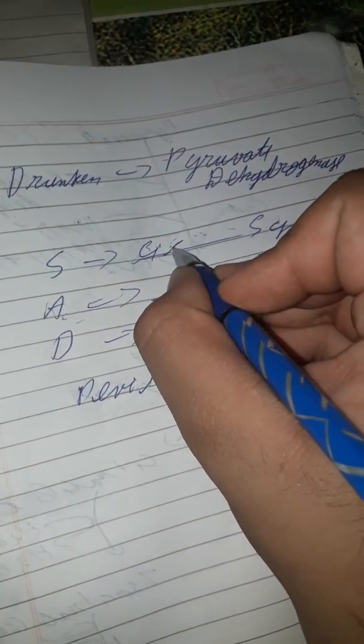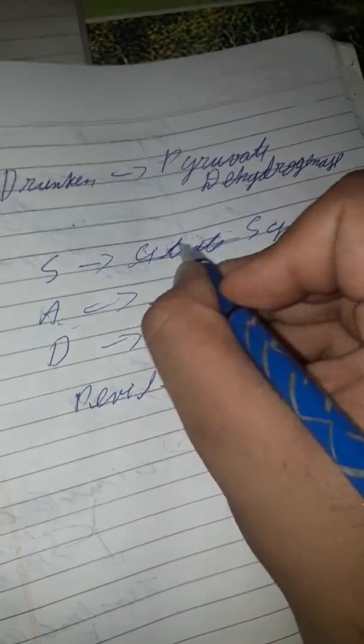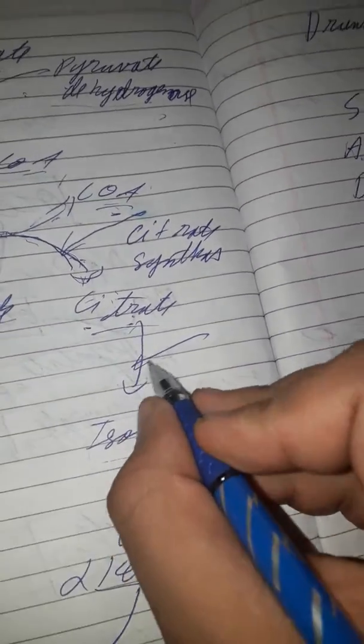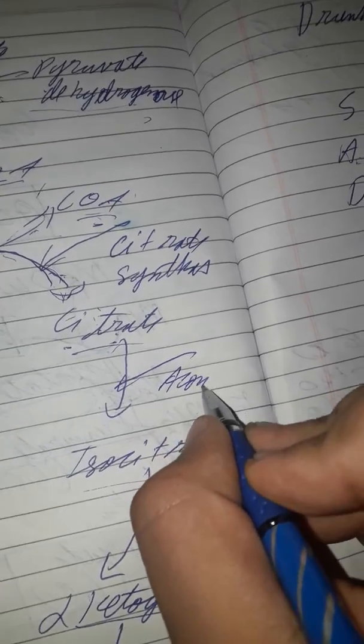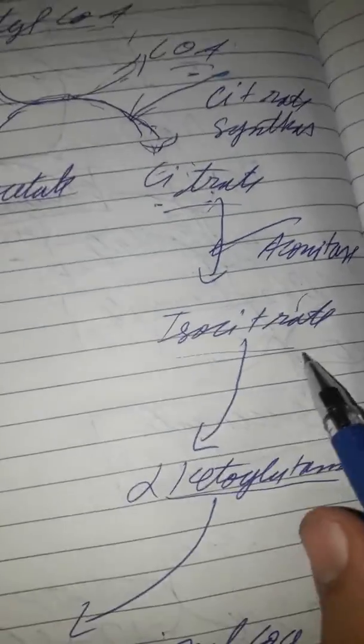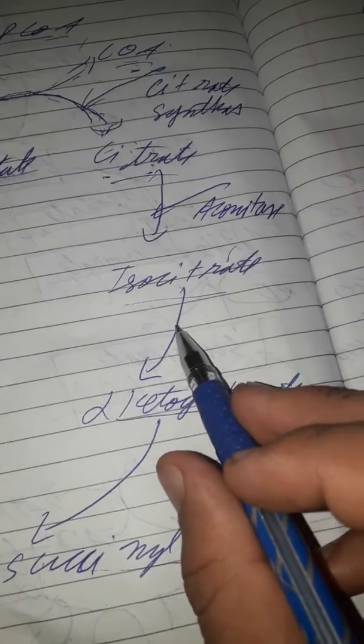Next step is citrate. Next is aconitase. Where is aconitase? Here. Next step aconitase. What is the next step? Next step is isocitrate. Here should I write dehydrogenase or synthase? Let's see. After aconitase, dehydrogenase. Devil, right? Sad, right?